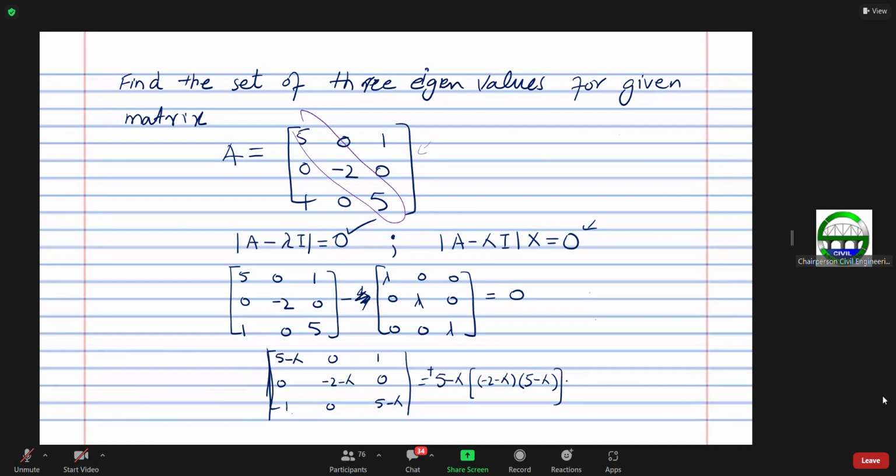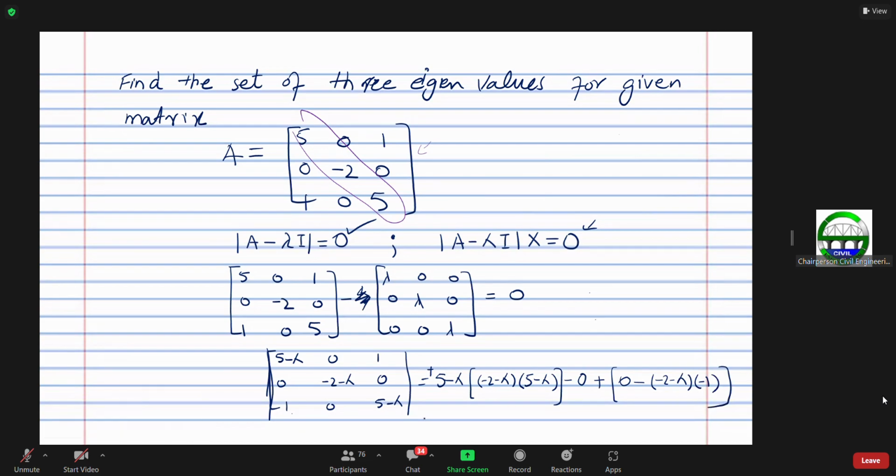This is a plus sign, and now this will be a negative sign. In the negative sign, it will be 0, and then plus. Sorry, this one is 0, minus (minus 2 minus lambda) times 1, right?